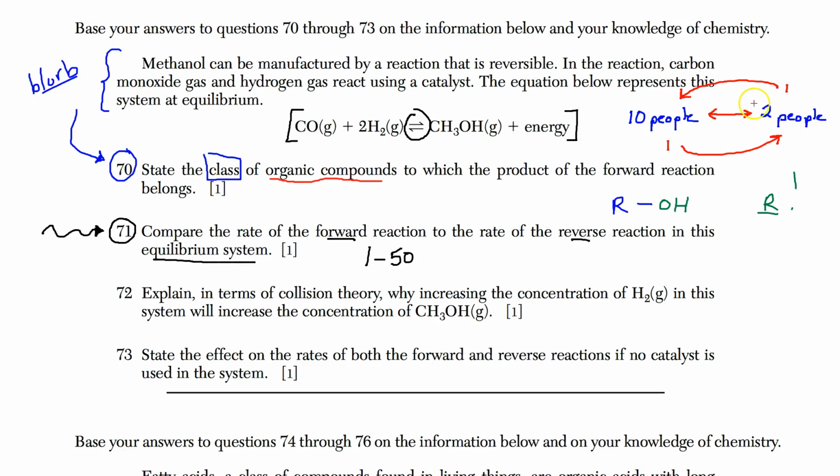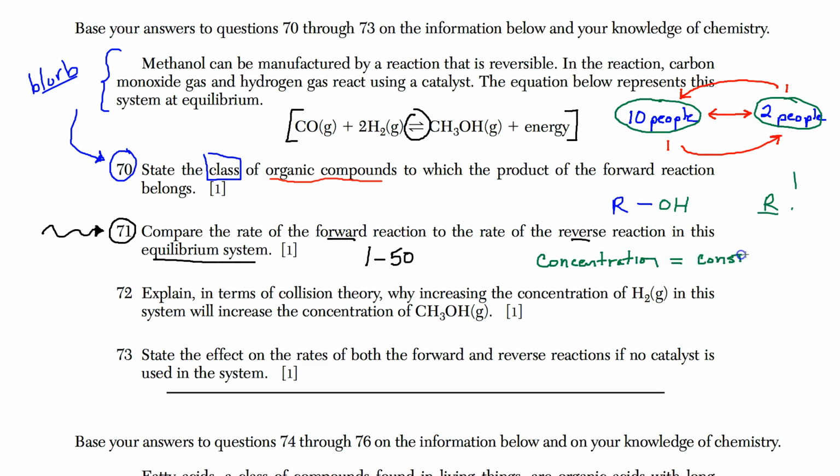Because the rate of people leaving this line to go to that line is equal to the rate of people leaving that line to come to this one, what's going to happen? Aren't we always going to have a constant 10 people and 2 people? Yeah, the individual people will change, okay? But the amount, or we say concentration, of the reactants and products is going to stay constant.